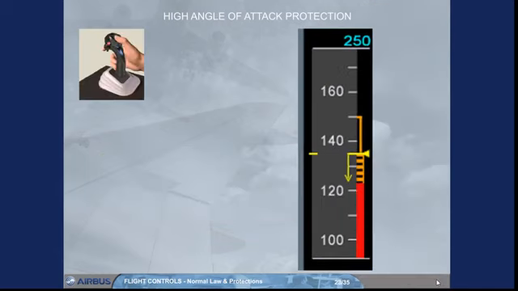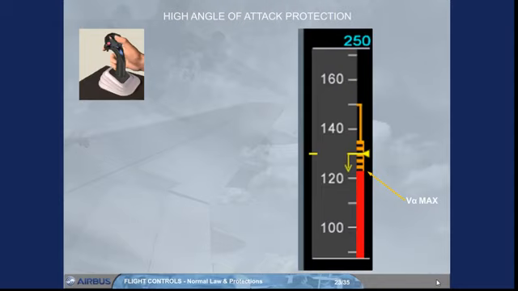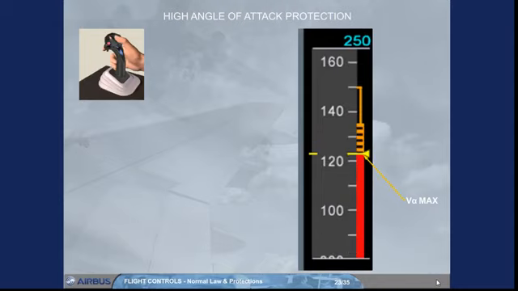If the side stick is used by the pilot, the V-alpha prot can be overridden and the speed will reduce to V-alpha max. In normal law, the flight control computers will maintain V-alpha max even if the pilot holds his side stick fully aft. In this protection range, the normal auto demand is modified, and the side stick input is an angle of attack demand instead of a load factor demand.